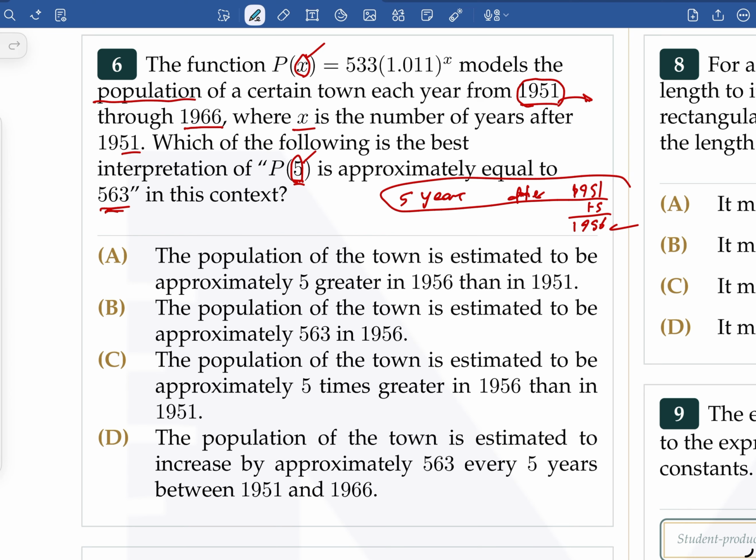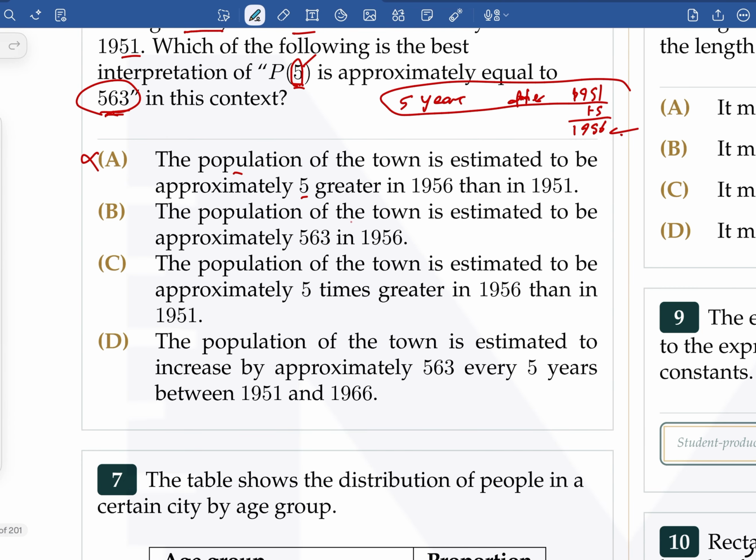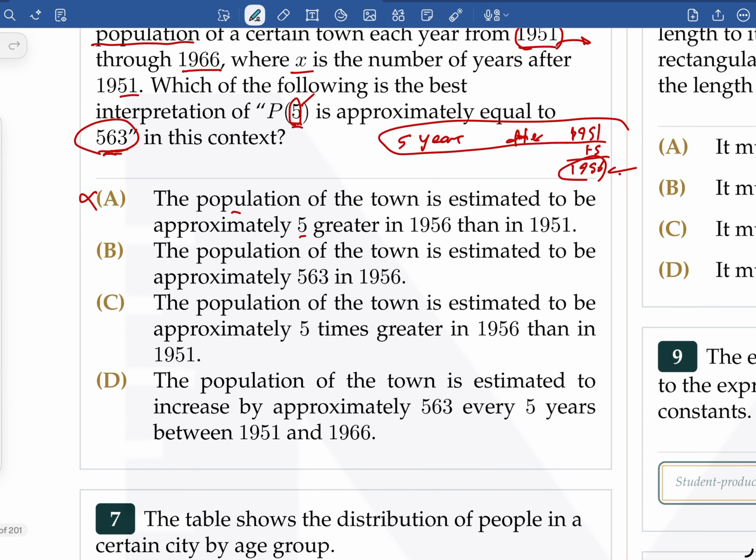So we can search the options for these numbers or these statements. The population of the town is estimated to be approximately 5. No, it should be approximately 563. So A is incorrect. B, the population of the town is estimated to be approximately 563 in 1956. Yes, this is the number we are talking about, because this is 5 years after 1951, which is a correct answer.